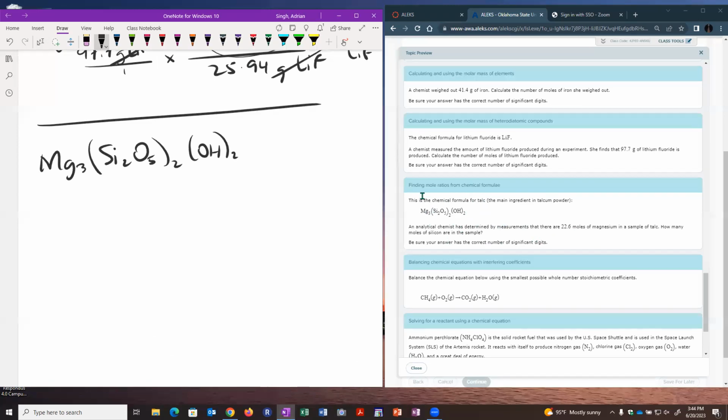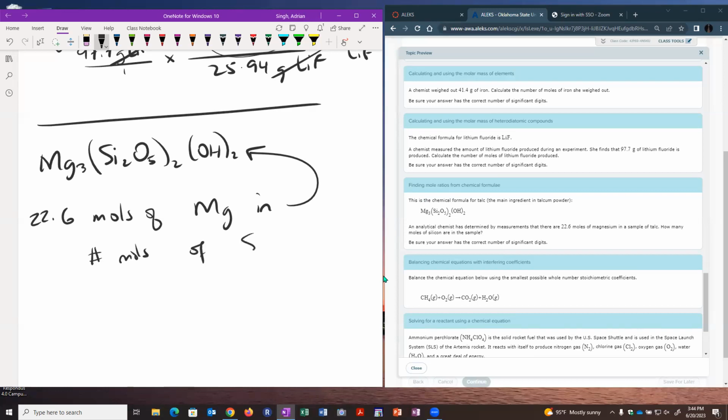All right, and they find that there are 22.6 moles of magnesium in this sample, and we need to figure out the number of moles of Si, of silicon, in that sample.